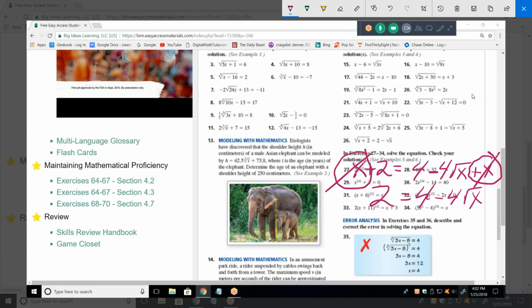This is going to be where we're trying to isolate square root of x. We want square root of x all by itself on one side or the other. I don't care which side. So it's negative 2 equals negative 4 square root of x. Okay, next line.